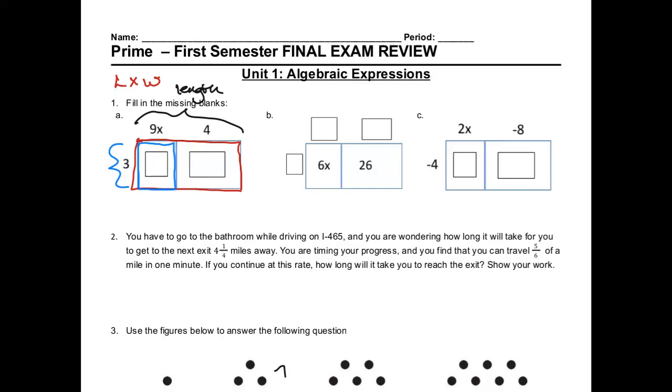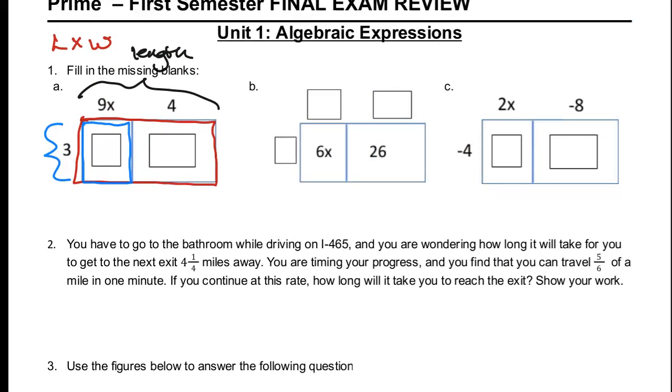So if this smaller rectangle has a length of 9x and a width of 3, what is that area of the blue rectangle? Should be 27x. Yes, you all just multiply. So you take 3 times that 9x.